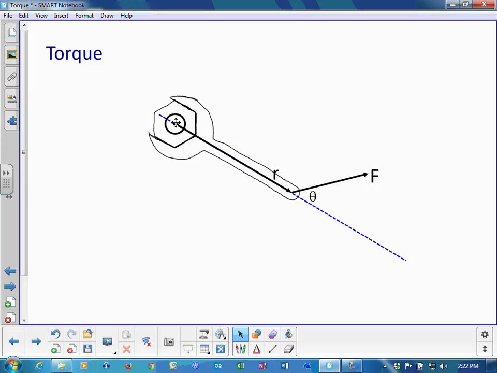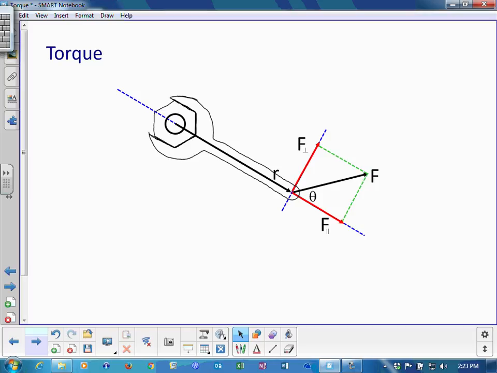We'll call that angle the angle theta. So the angle theta would be this angle right here, the angle between the force F and the line of action of the position vector r. Okay.